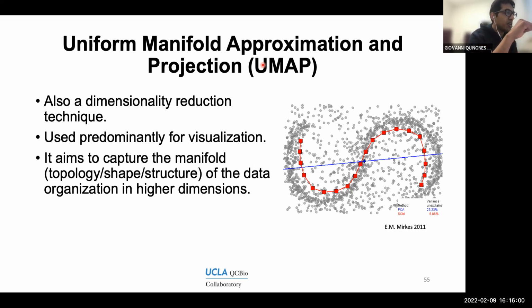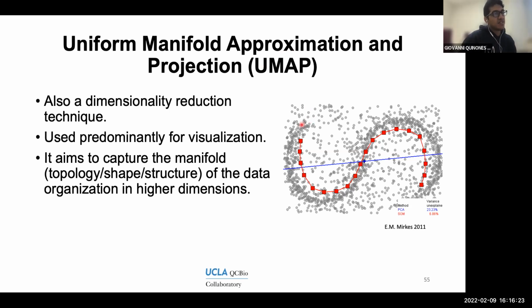The topology, meaning the shape, the structure of your data points, it is trying to learn so that when it reduces the dimensions, there is no loss in connectivity, meaning points that were close together in high dimensional space remain close together in lower dimensional space.